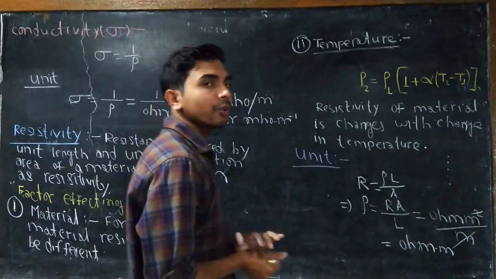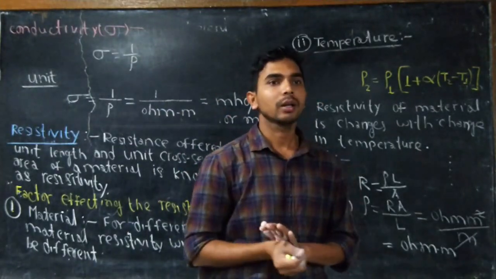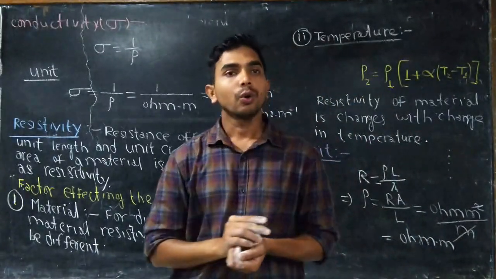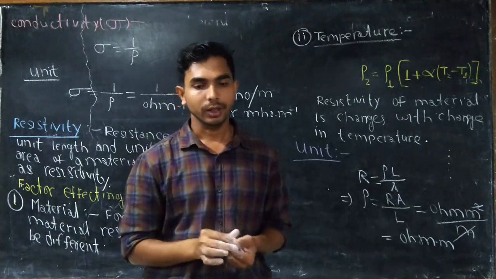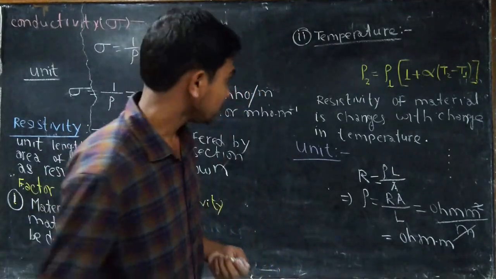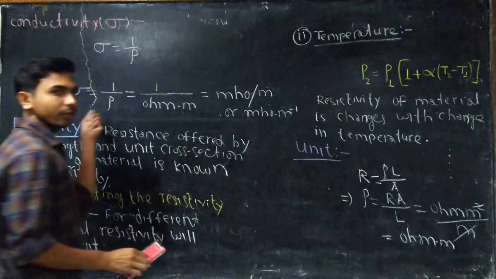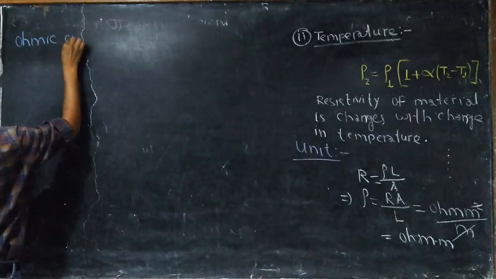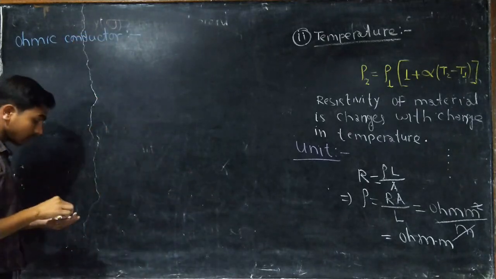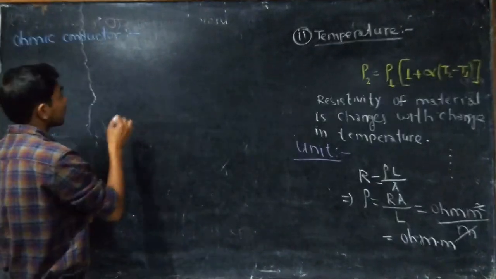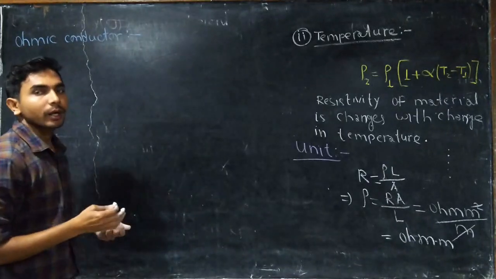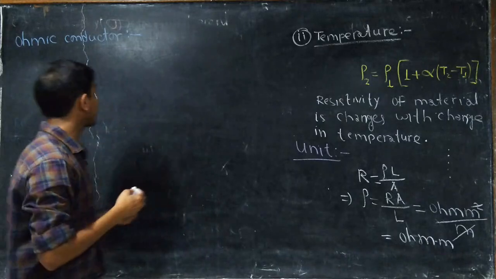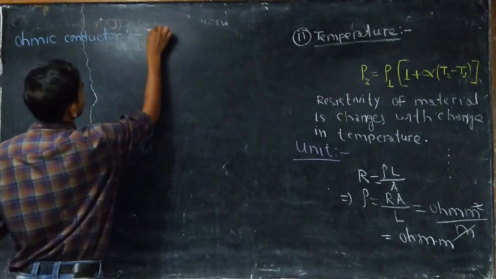Next I'm going to discuss ohmic conductor and non-ohmic conductor. What is an ohmic conductor? The conductor which follows Ohm's law is known as an ohmic conductor.